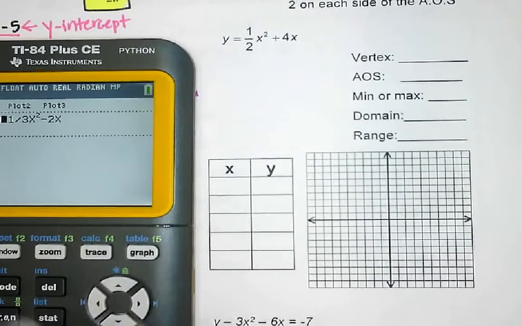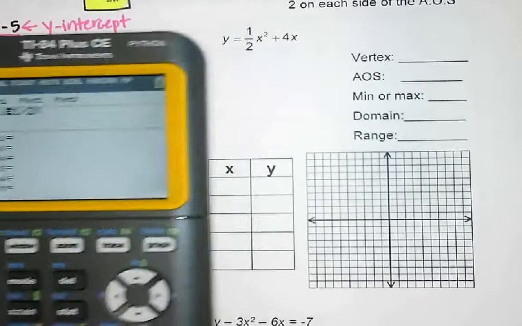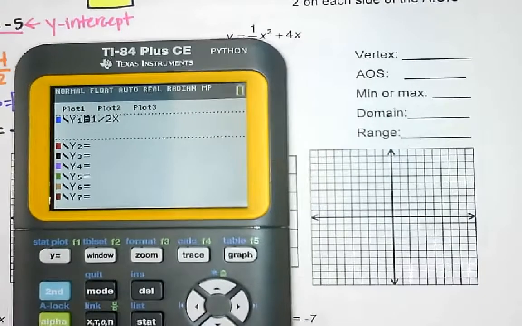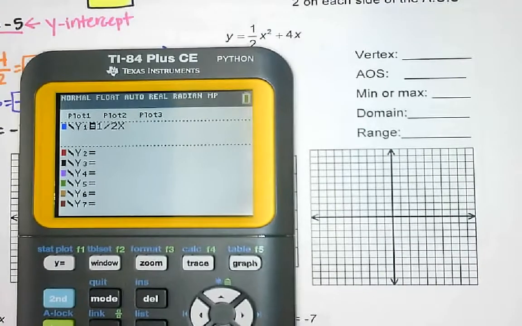So I would like everyone to take out their calculator and type in y equals 1/2 x squared plus 4x. I need to see this on everybody's calculator. Okay? Let's type it in. And the first thing I want you to do is hit graph, because we want to see where this graph is on the calculator. Okay?